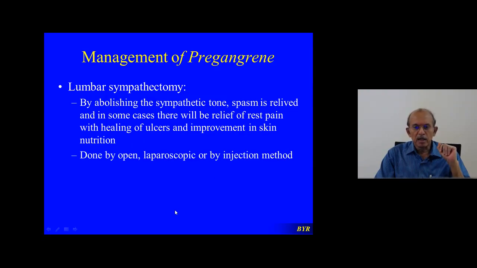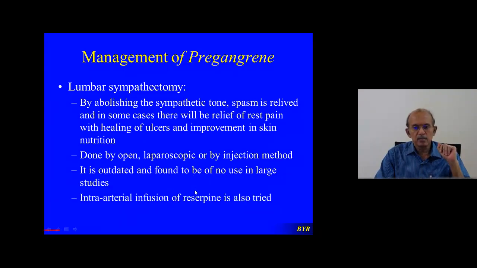It is done by open, laparoscopic, or injection method. But it was also proved that sympathectomy is not of help in Buerger's disease. So this procedure is outdated and found to be of no use in large studies.